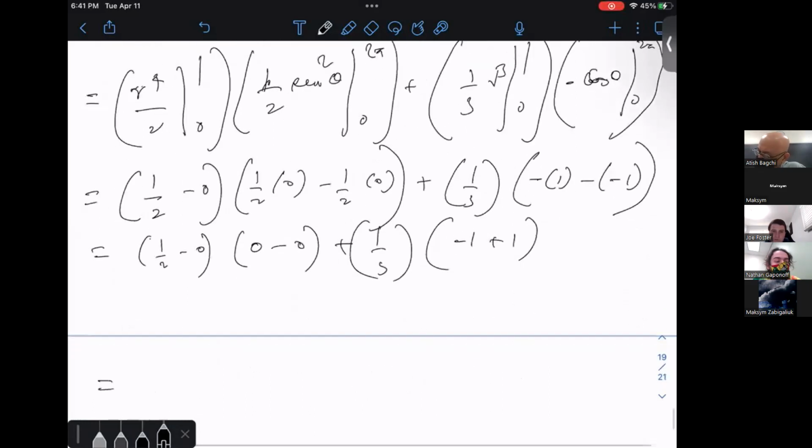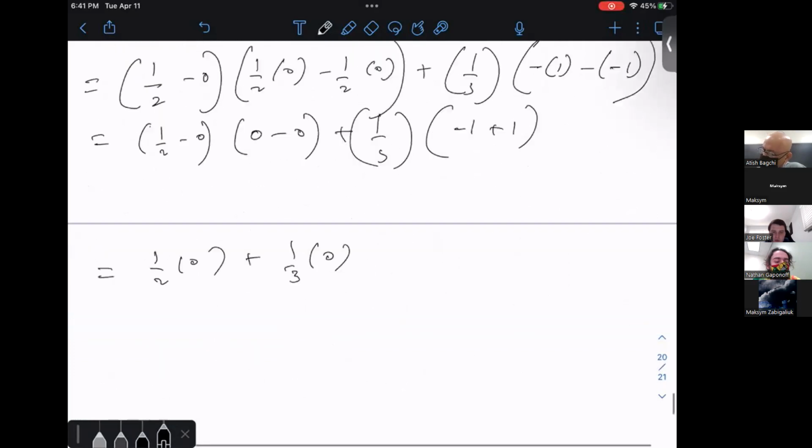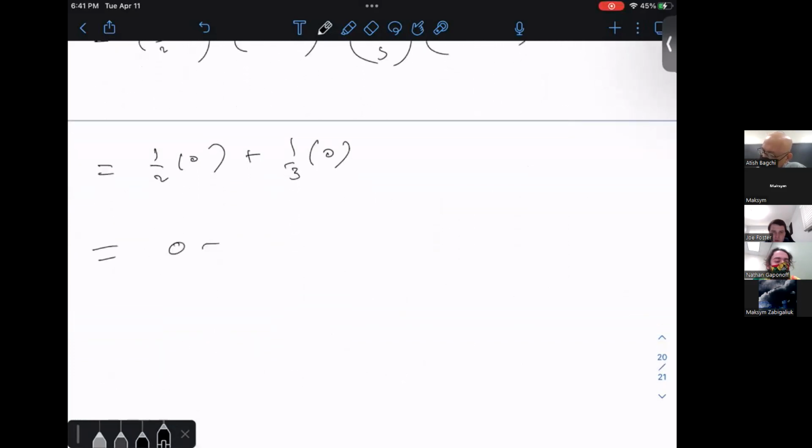So that is equal to half times 0 plus 1/3 times 0, which is 0. Okay, so the integral of the vector field over that cap is equal to 0.